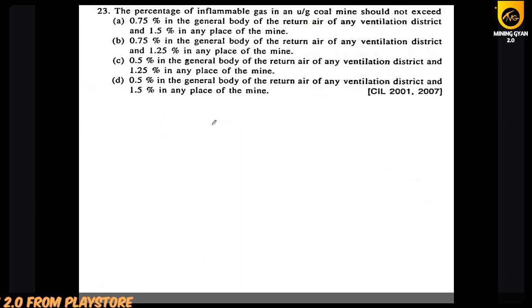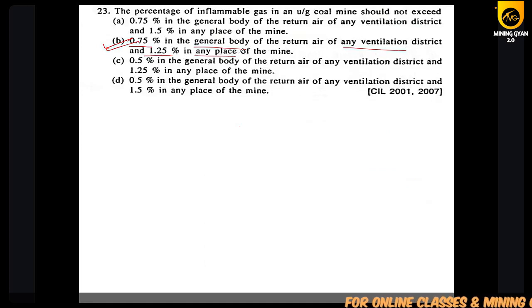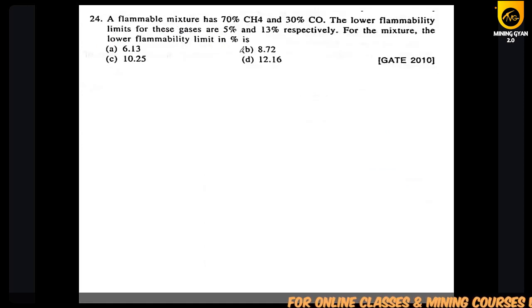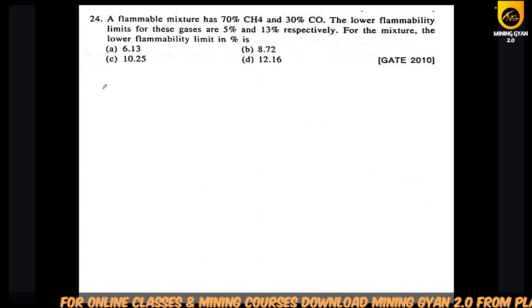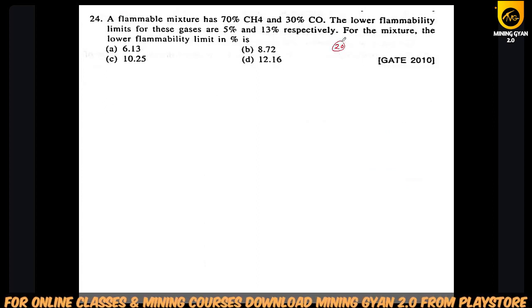Okay, so we have discussed this question, I think: 0.75% in the general body of the air of any ventilation district and 1.25% in any place of the mines, lower flammability limits. Okay, so please write in 20 seconds or 15 seconds.